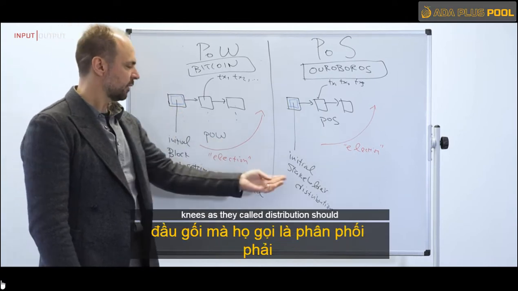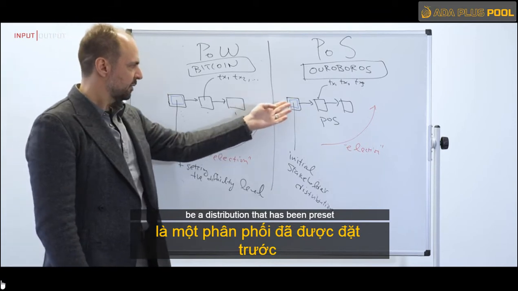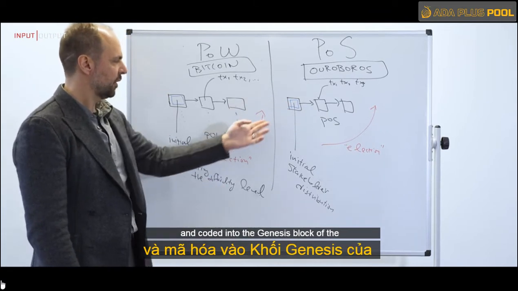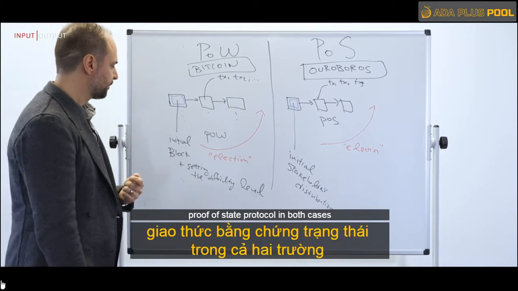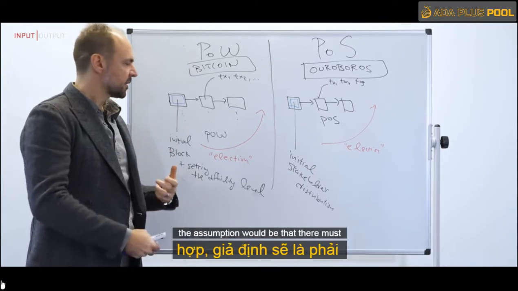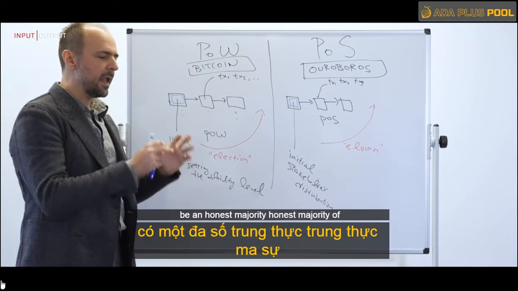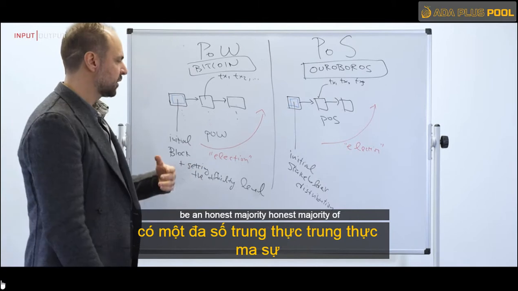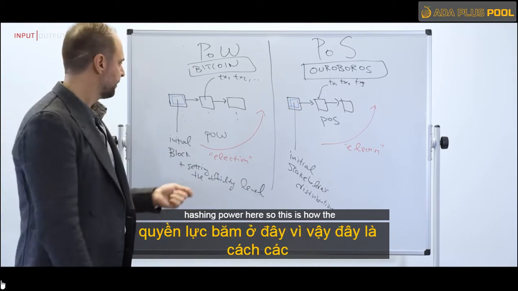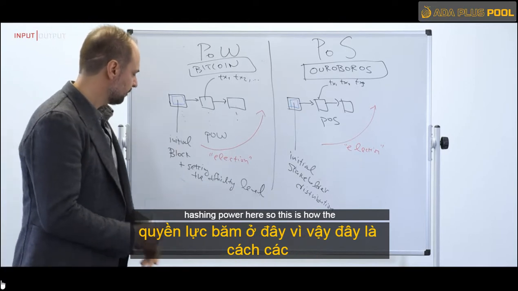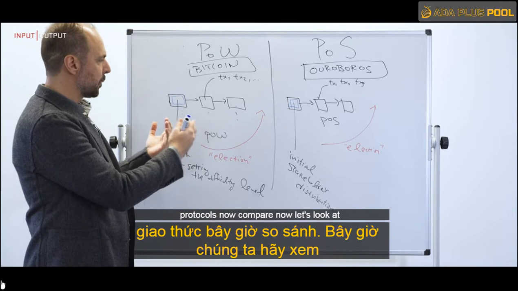And similarly, the initial stakeholder distribution should be a distribution that has been preset and coded into the genesis block of the proof of stake protocol. In both cases, the assumption would be that there must be an honest majority of stakeholders here, honest majority of hashing power here. So this is how the protocols now compare.